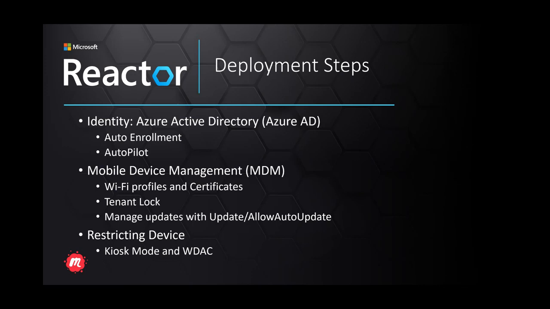Another policy that I usually have customers push down is to manage their updates with Update/AllowAutoUpdate. And this is a CSP, a configuration service provider. There's a long list. We have so many CSPs for HoloLenses. But what this one particularly does is just allows the HoloLens to automatically update, which we suggest because when we push security fixes and patches, you want to make sure that you're up to date and that you're getting those as soon as possible.